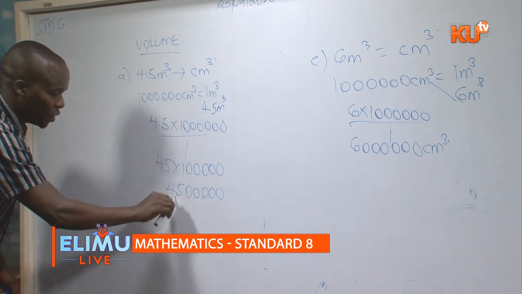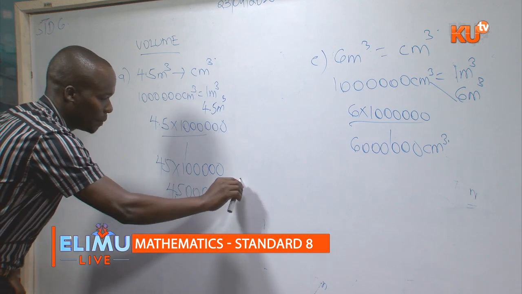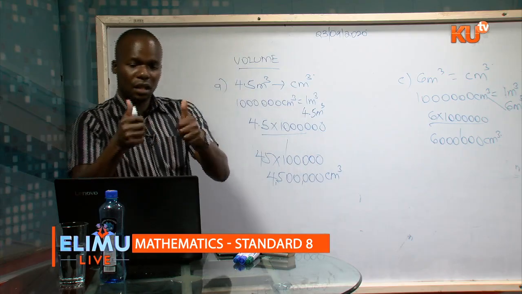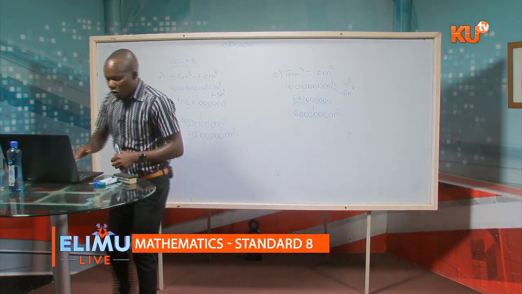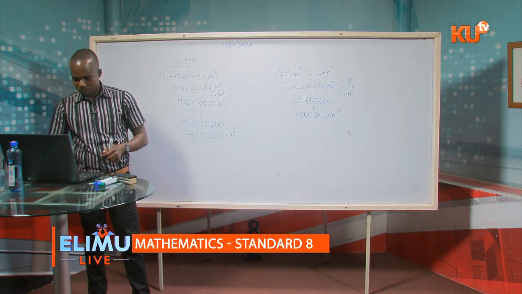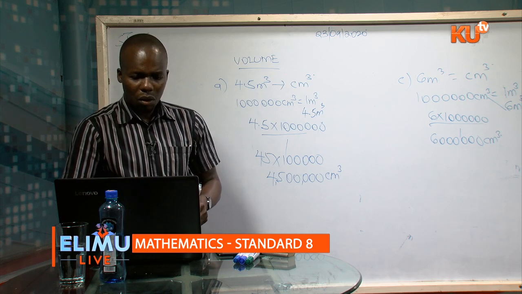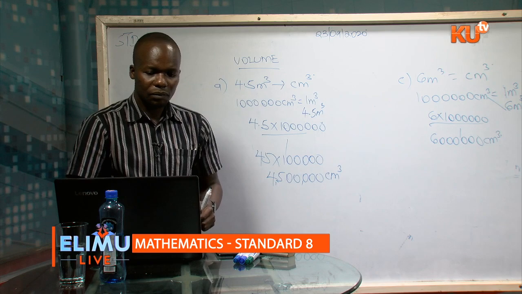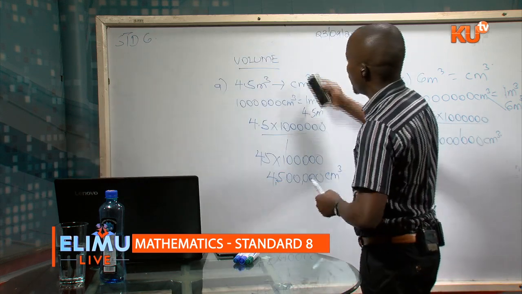So we will have 4,500,000 cubic centimeters. If you have done it that way, please give yourself a thumbs up. Then, after conversion, let's now start calculating the real volumes of cubes and cuboids.